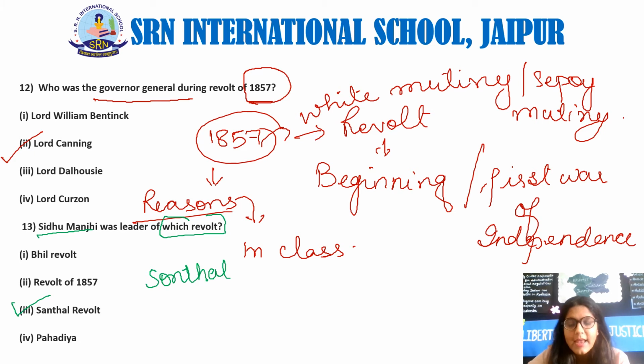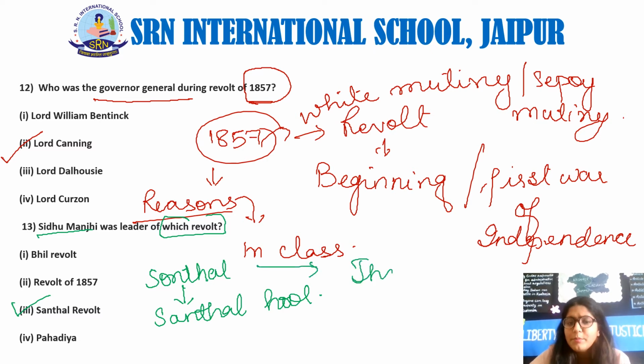In common languages it is known as Santhal Hool. Remember it, it is important for your 1 mark question. It took place in present day Jharkhand, which earlier was the Bengal province in the British time, Eastern India basically.